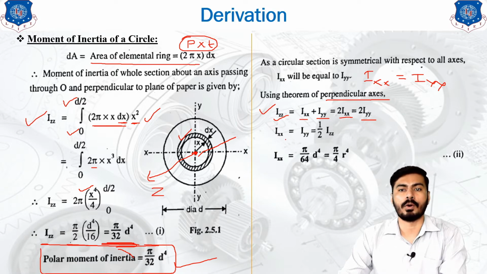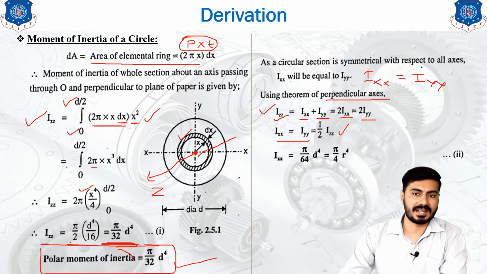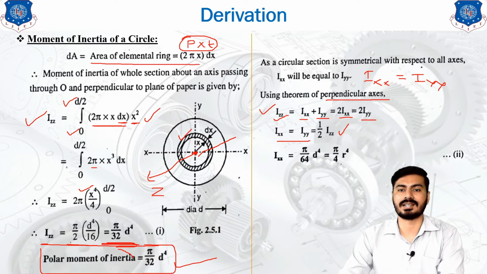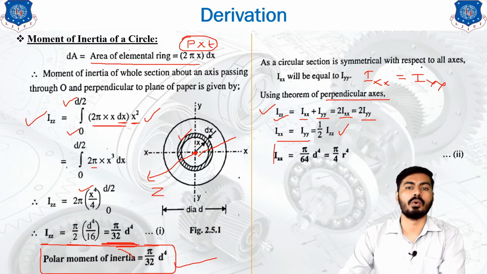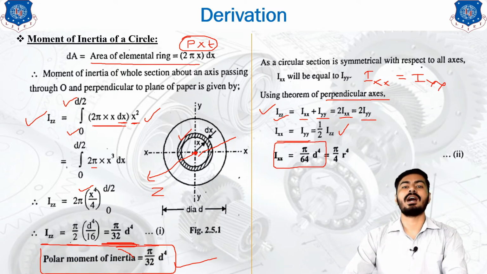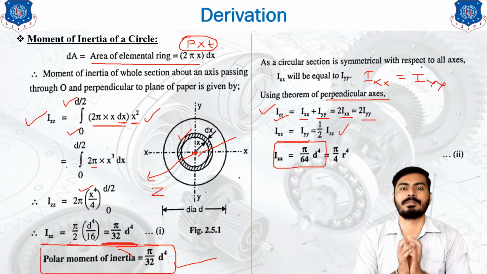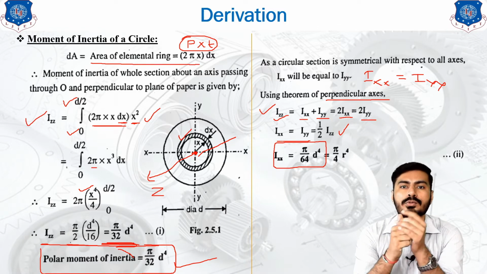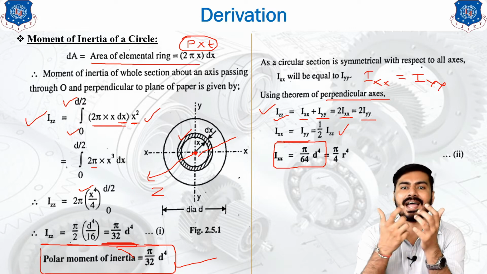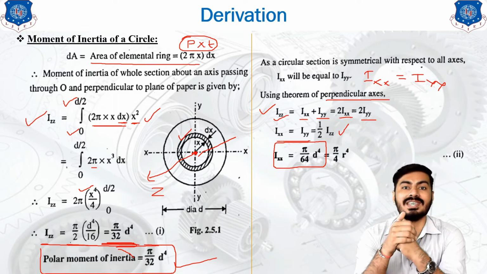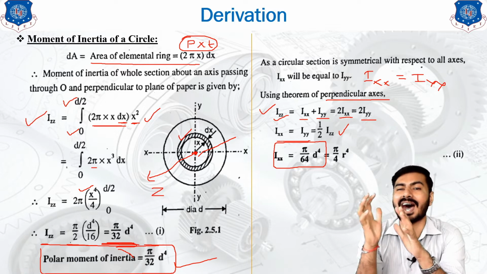Now if you want to find Ixx and Iyy, make them the subject, and 1 by 2 into Izz will give you the answer. Simplifying that equation gives pi by 64 d raised to 4. Whenever your circle is at the center of the picture, you will utilize Ixx and Iyy as pi by 64 d raised to 4, or pi by 4 r raised to 4.